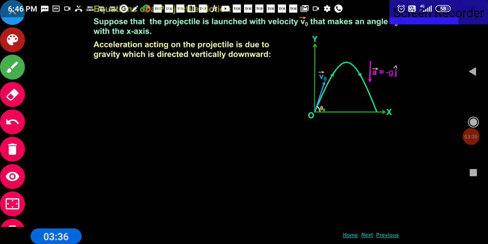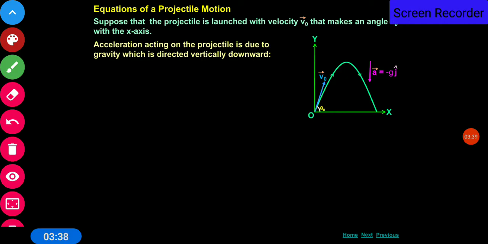Acceleration acting on the projectile is due to gravity, which is directed vertically downward. So vector acceleration a is equal to minus g j cap, or we can say that ax, the x component of acceleration, is equal to 0 and the y component of acceleration is equal to minus g.